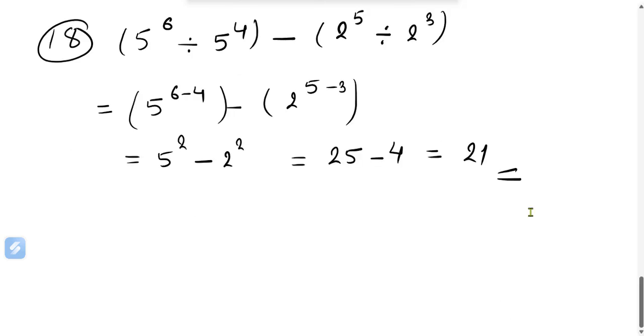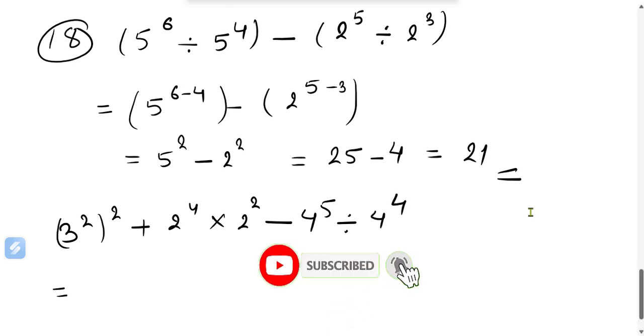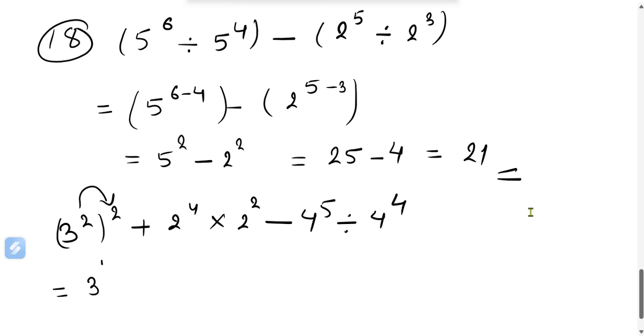Now here's a final question. So 3 square whole square plus 2 power 4 times 2 square minus 4 power 5 and divided by 4 power 4. Here is again, we multiply these two indices, 2 times 2, which is 4.